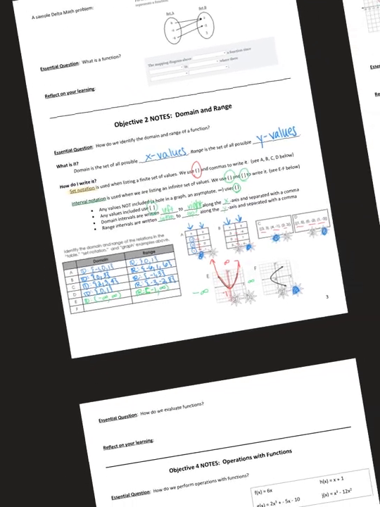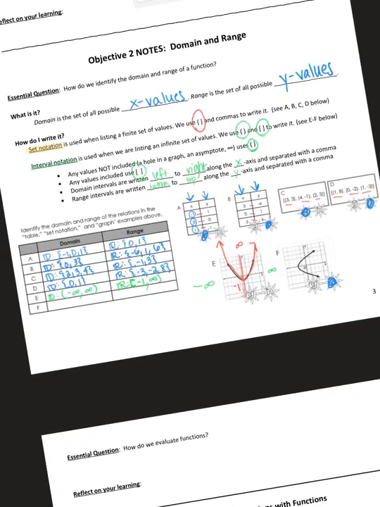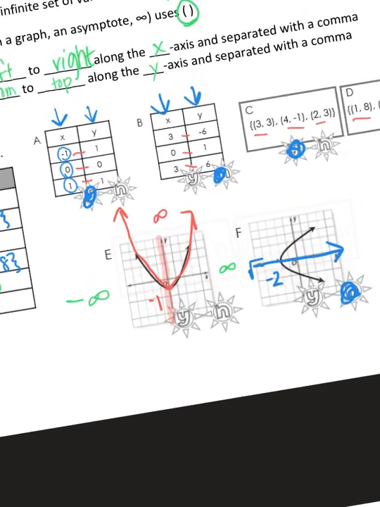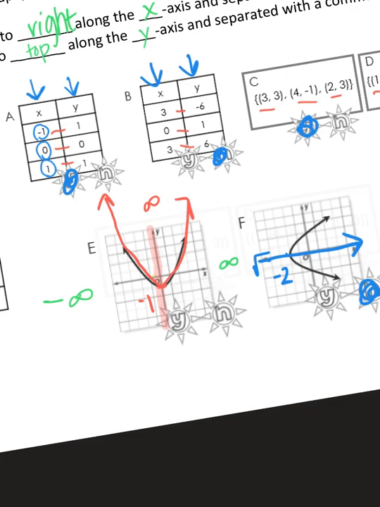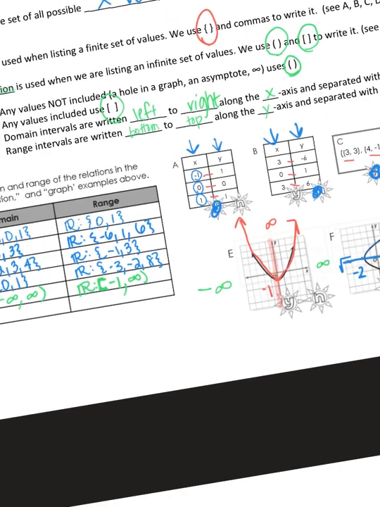Okay, let's take a look at F. So for our domain, we are looking for the smallest value to the left and right. So we are looking on the x-axis. This graph stops at -2, right here, right? So our domain stops at -2, that's as low as it goes, and it continues on and on and on. So it goes towards a positive infinity. And remember that this is a relation, not a function.